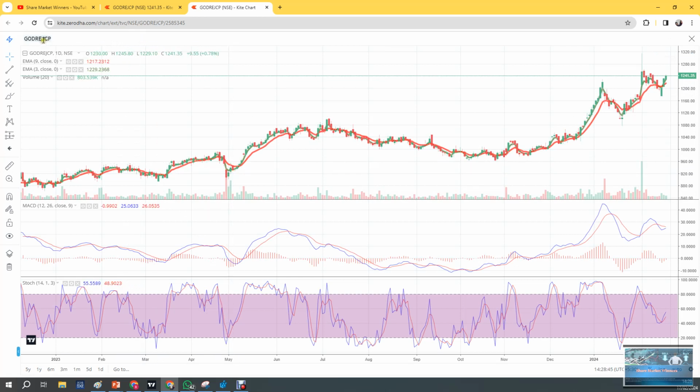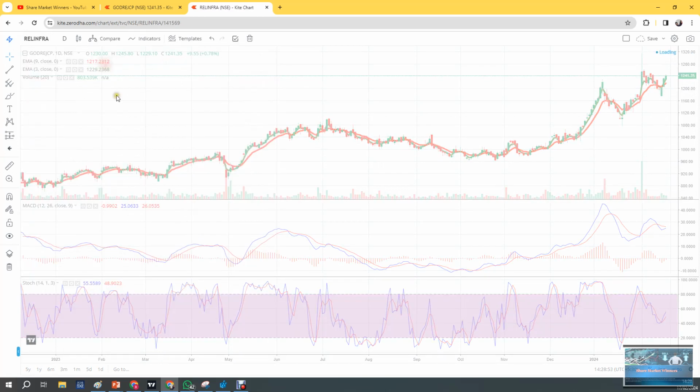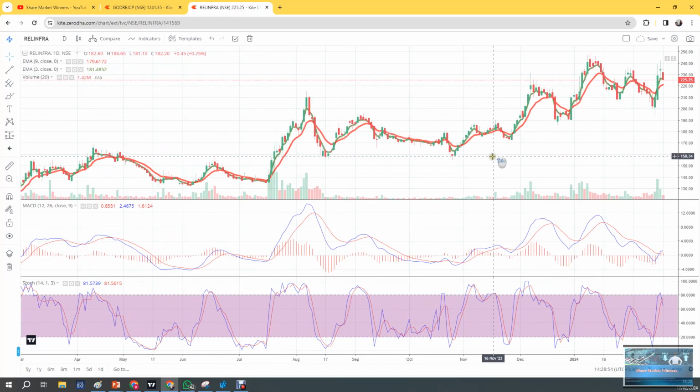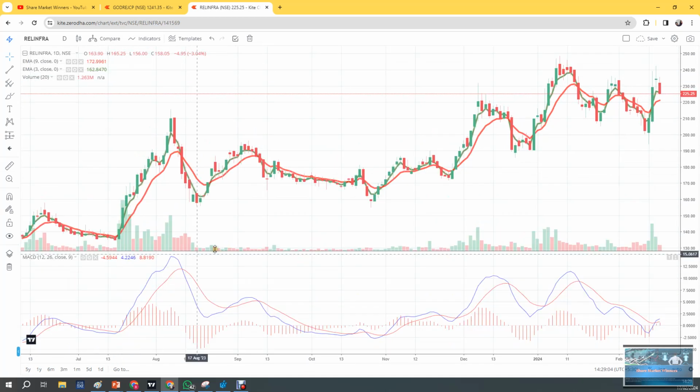For example, we will take Reliance, which we have discussed in TradingView. So you can see a similar thing here. I have added multiple indicators. I'll just remove the stochastics which I have used for further confirmation. Here you can add the indicators similarly.